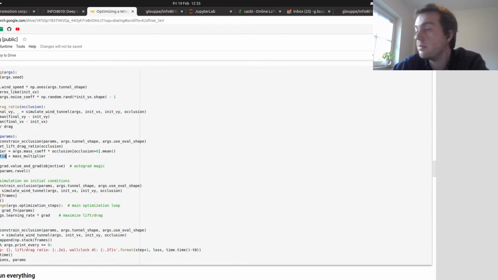And then the magic happens in this line, where you just invoke some automatic differentiation library. In this case, it's AutoGrad. It's an older library, but it's implementing reverse mode automatic differentiation, if I'm not mistaken, on this objective function, which is defined in this way, and in which you will just simulate forward the whole process, right?